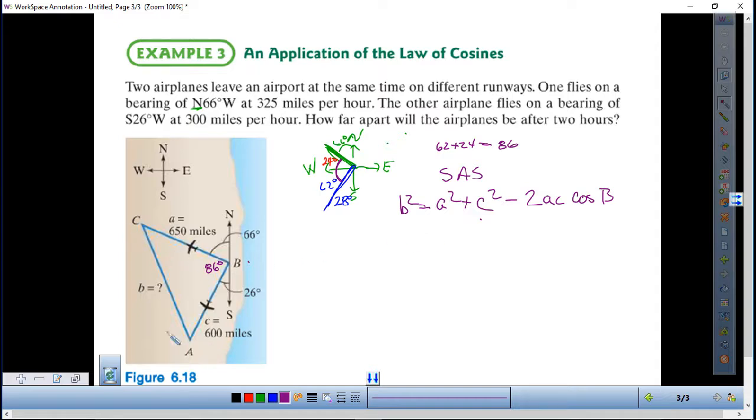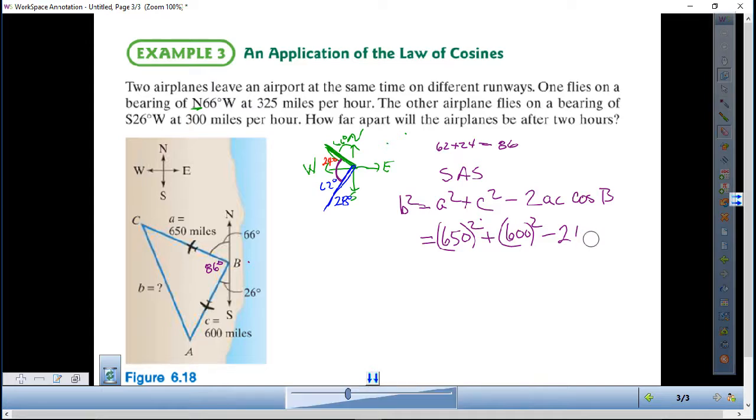So everything over here we've got in our picture so we can plug in. Doesn't matter what you call A, but since it's already drawn here, we know we're going to call this little a, this little c, that big B. All right, so when we put all that in, we're going to end up with 650 squared plus 600 squared minus 2 times 650 times 600 times the cosine of 86.